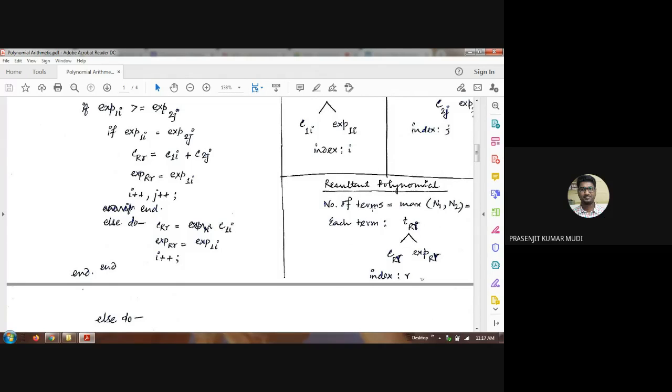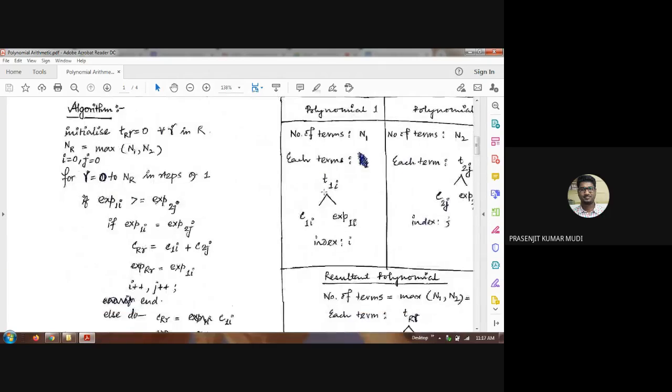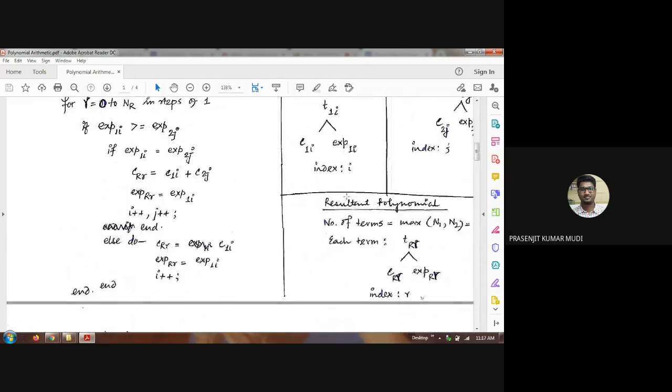That will be the size of the resultant array. This is the array corresponding to polynomial 1, this is the array corresponding to polynomial 2. To store the resultant polynomial, you require another array, so you do a memory allocation of another array to store the terms of the resultant polynomial, and how many terms you have to store, that is here.